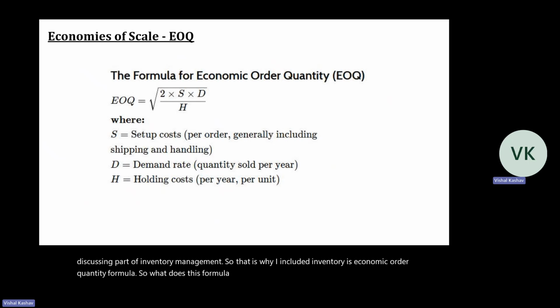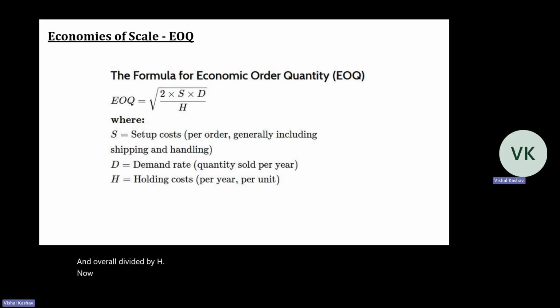First of all, the formula is EOQ is equal to the entire square root of 2 multiplied by S multiplied by D, and overall divided by H. Now here D is demand, which may be units that are demanded annually. S is ordering cost per order, and H is holding cost per unit per year.